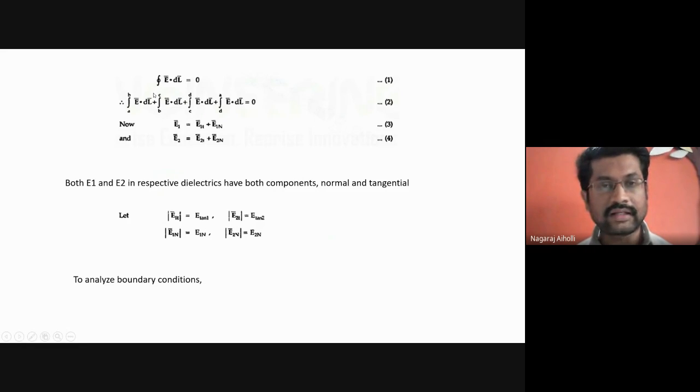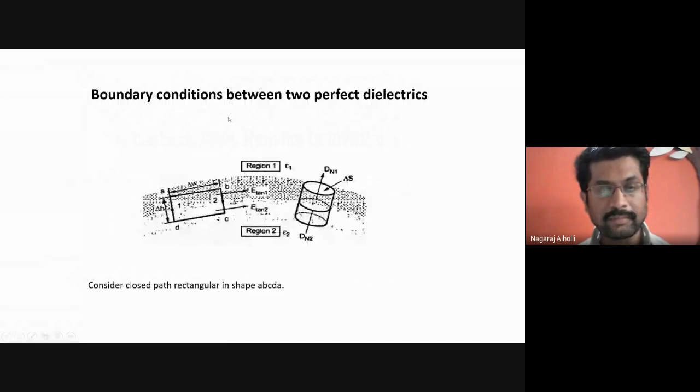As delta h tends to 0, if I make delta h 0, then the integrals from B to C and D to A will become 0. Yes or no? These are integrals of E bar dot DL bar along the lines B to C and D to A, but here DL bar, the height or the width, is 0.